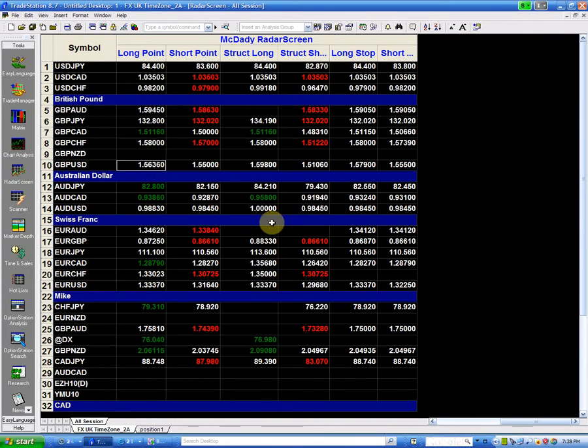Okay, so this is the pound dollar. We're going to go long above 156.36, and if we do, we're going to place our stop below 157.90. Huh? There's something wrong here.